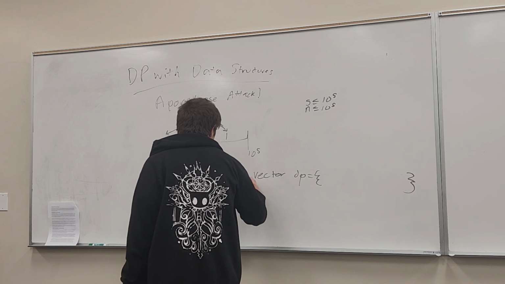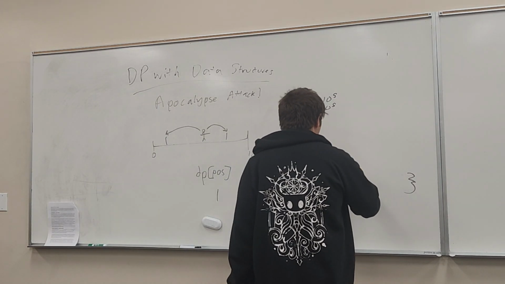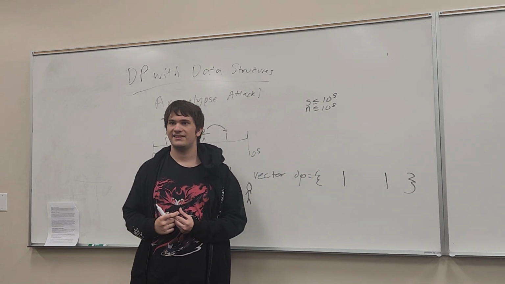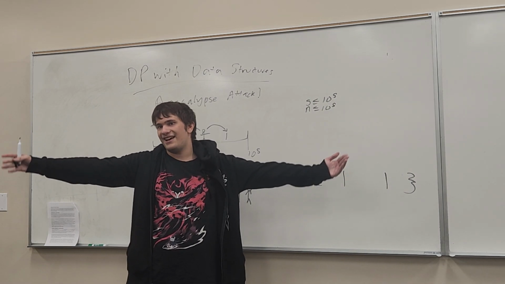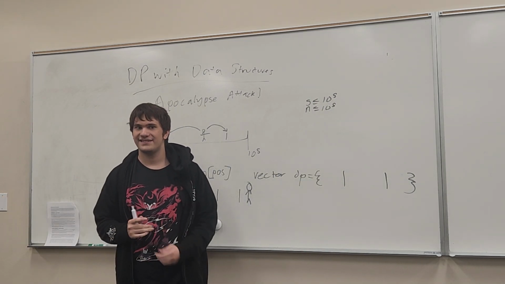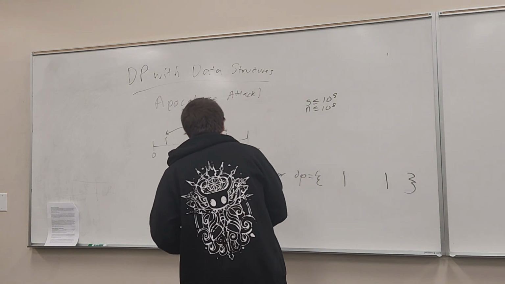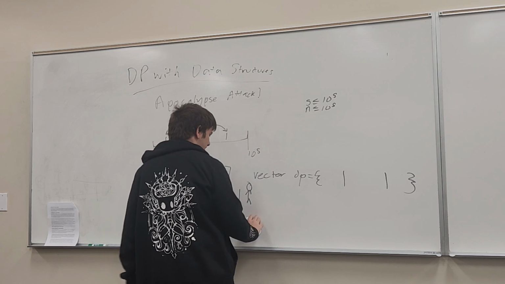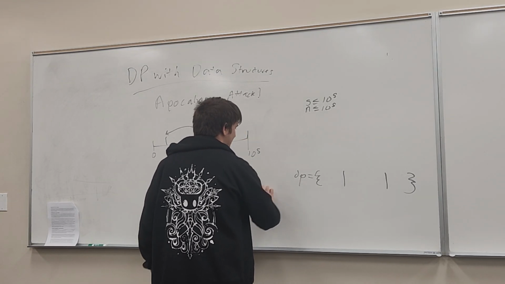So we can just update the positions in range of the meteor. But again, this can still be n squared because it can be as big as the whole number line. So what do we do now? Okay, well, instead of using a vector, let's use a map.